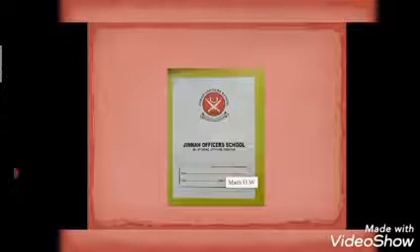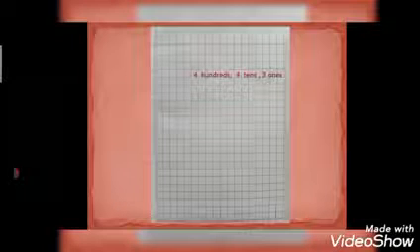Now take out your maths homework copy and prepare one page. अपने homework copy पे काम करना है ये वीडियो वाला, okay? First you have to draw the margin line at the both sides, right and left.